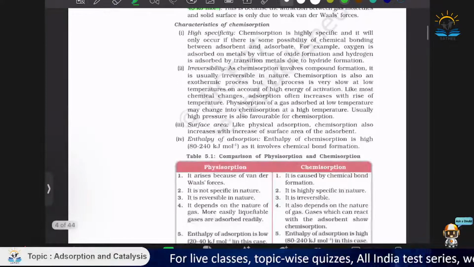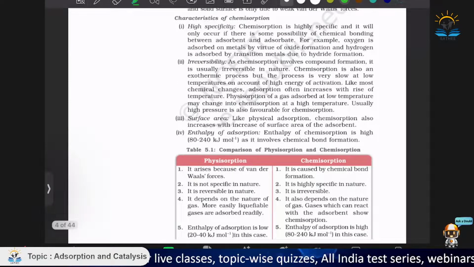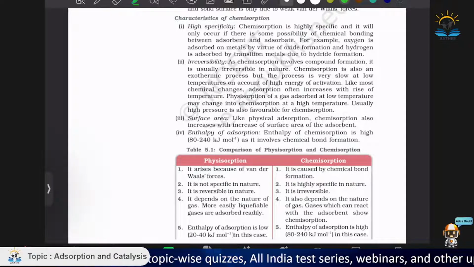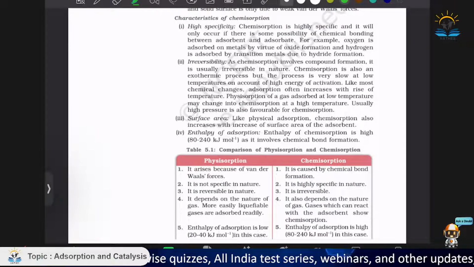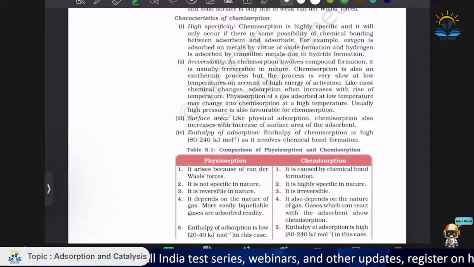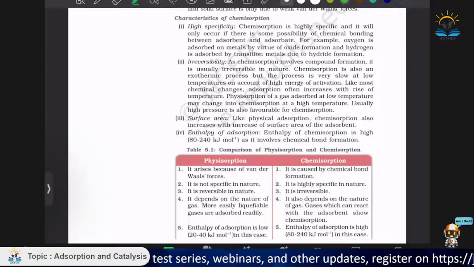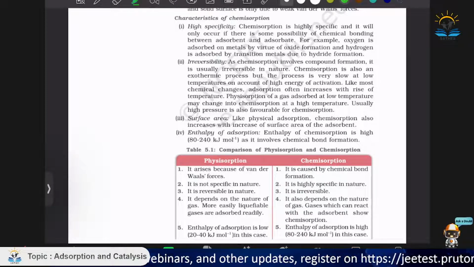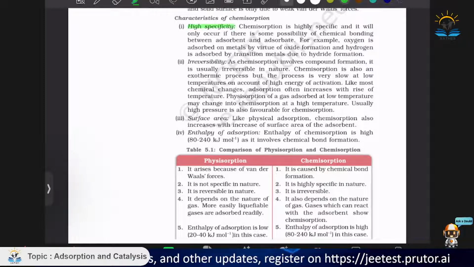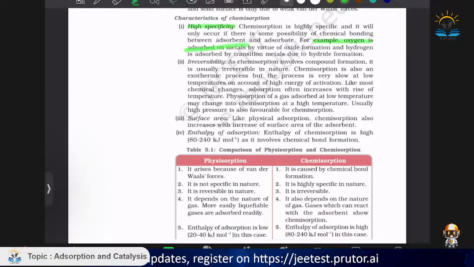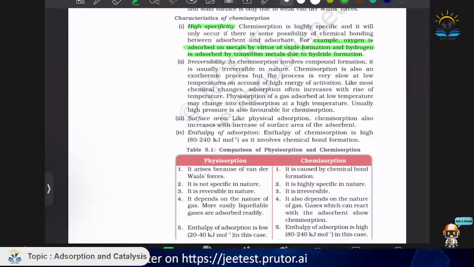Now comes chemisorption. Essentially the reverse. Here, there are physical forces tending to do adsorption, but dominant ones are the chemical forces. So the adsorbate and adsorbent have chemical bonds with each other here. Okay, because it is chemical, so there is high specificity. For example, oxygen is adsorbed on metals by virtue of oxide formation, and hydrogen is adsorbed on transition metals due to hydride formation.